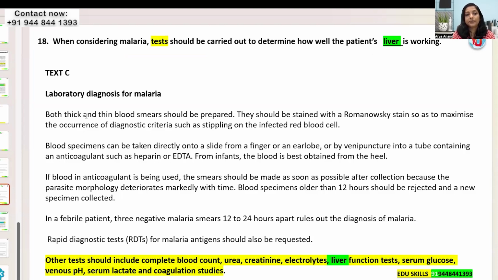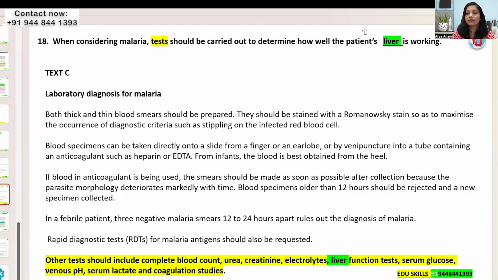Then the 18th one: when considering malaria, tests should be carried out to determine how well the patient's dash is working. When you read the question, you will understand the word test is there. So definitely it is from the laboratory diagnosis. Then how well the patient's dash is working. Definitely it will be a body part, right?